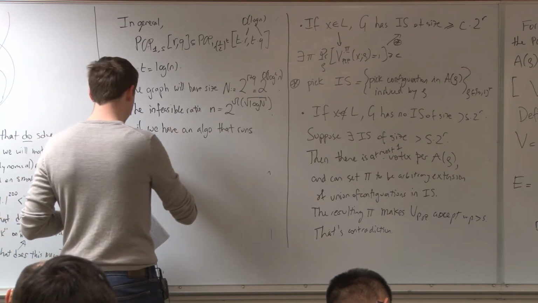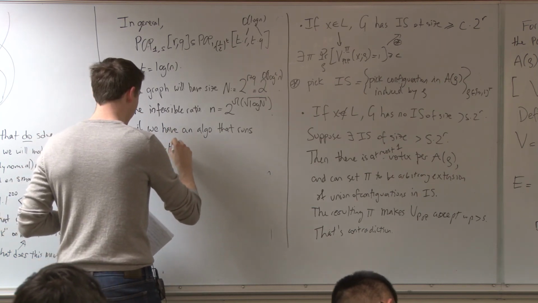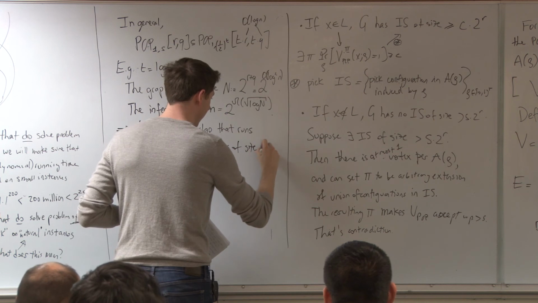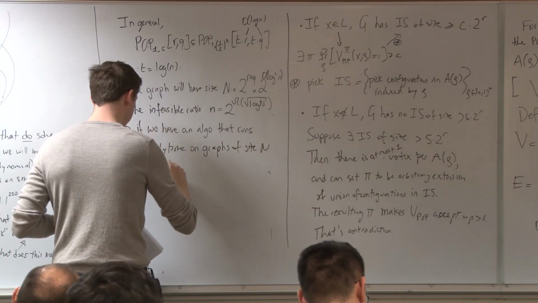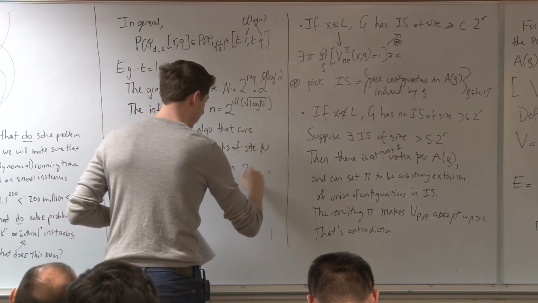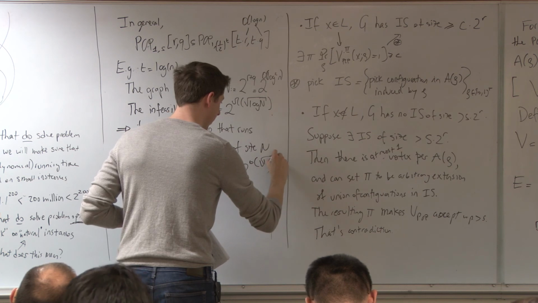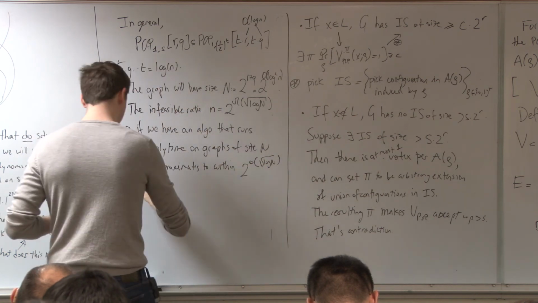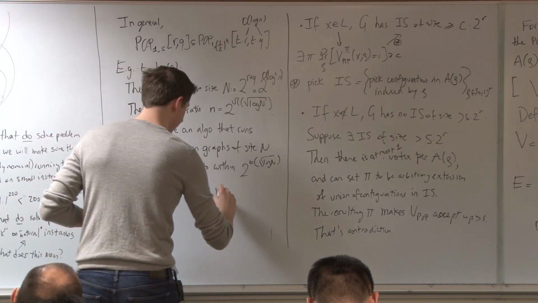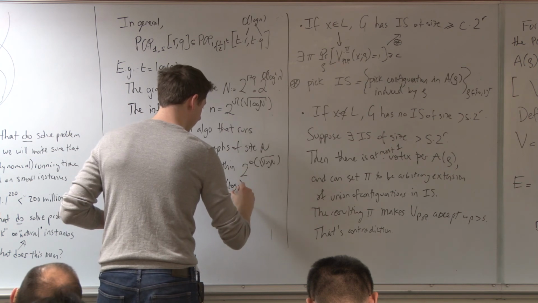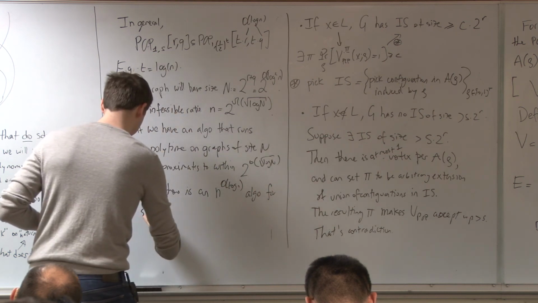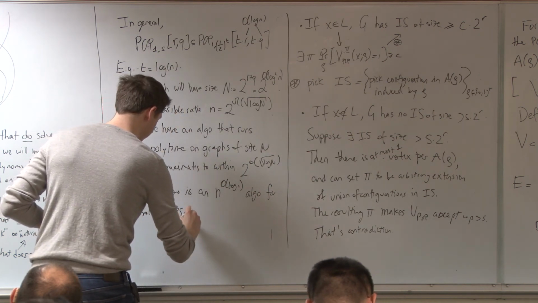Okay, if we have an algorithm that runs in polytime on graphs of size capital N, and approximates to within 2 to the little o of square root of capital log N, then, okay, now I got it. There is an n to the log n algorithm for solving 3SAT. Okay.